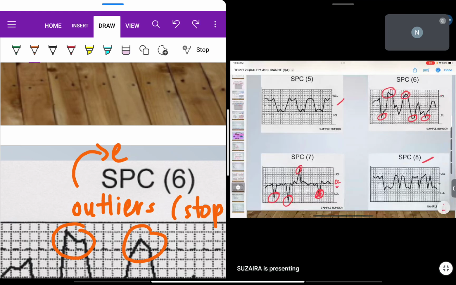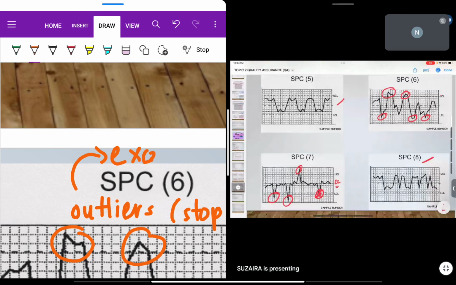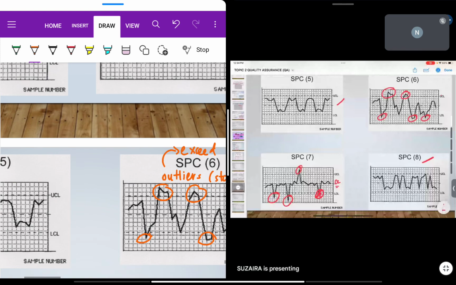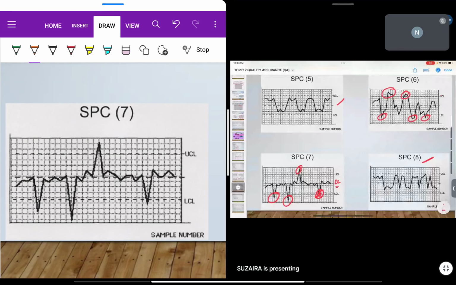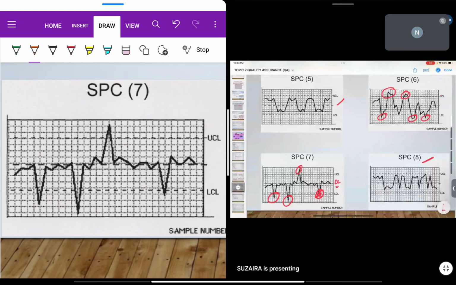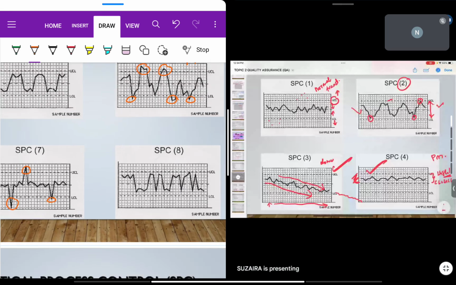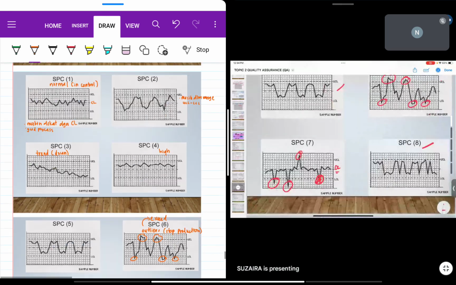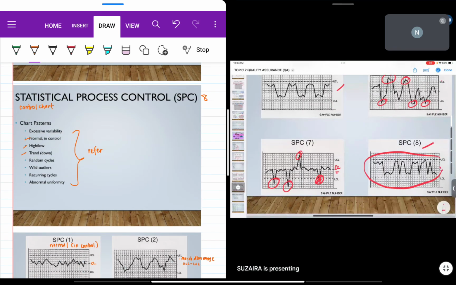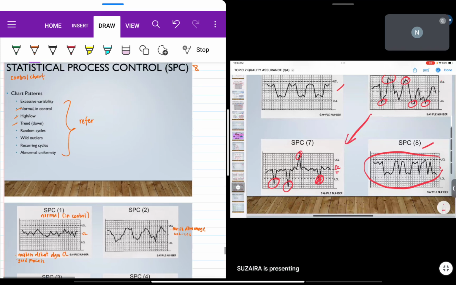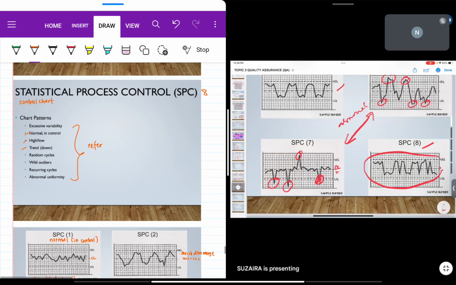And the last one, the SPC number 8, is more towards that we can call it still normal, but sometimes, you know, if you look, this one is more towards like a recurring cycle. This one is more towards that it's not abnormal. This is more towards abnormal, these two. Sometimes high, sometimes low.